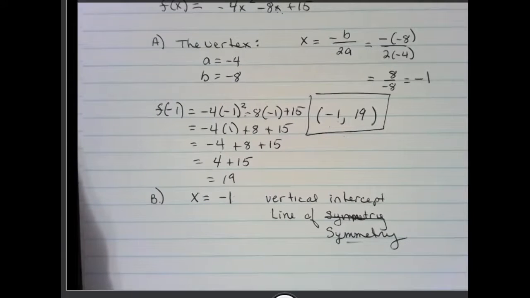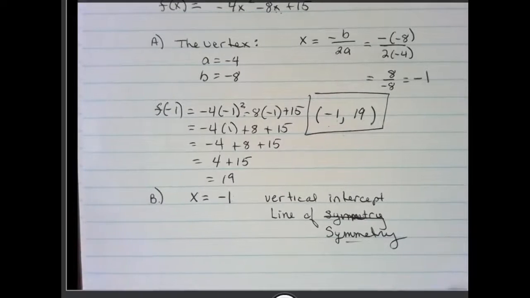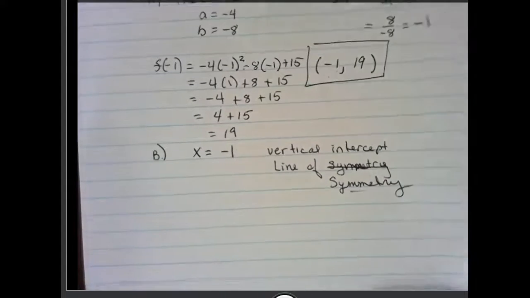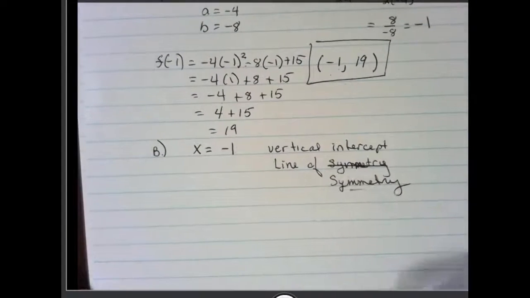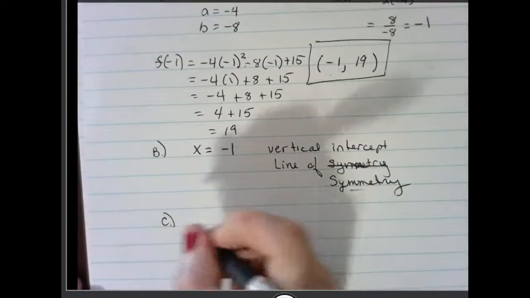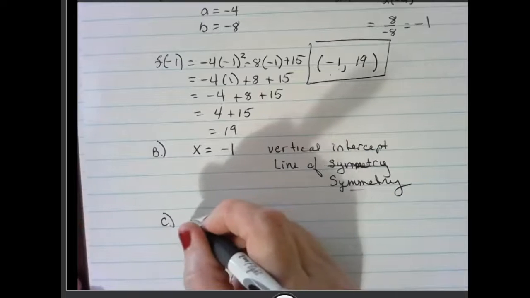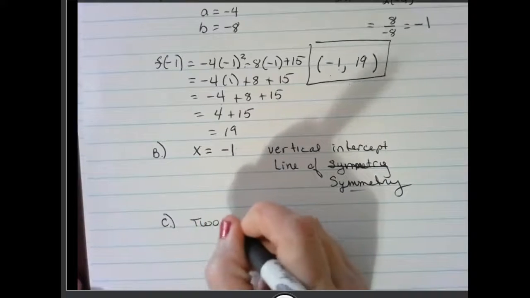And let's see. The C question asked us to find the coordinates of the 2 x-intercepts of the parabola and write them as a list separated by commas. So actually C wants us to find, let me slide this up a little bit, the 2 x-intercepts.